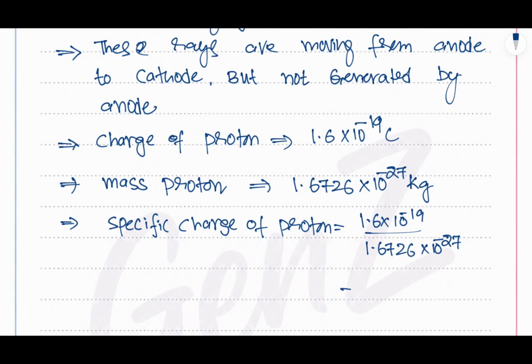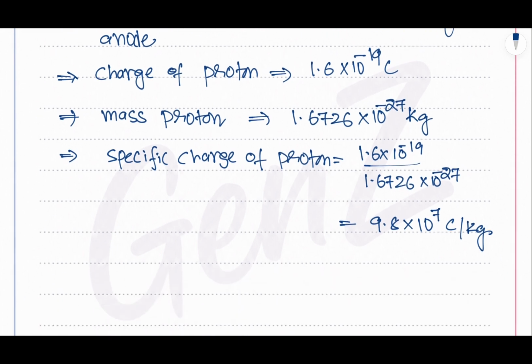If you calculate this value, it comes to around 9.8 into 10 power 7 coulomb per kg. This is the specific charge of the proton.